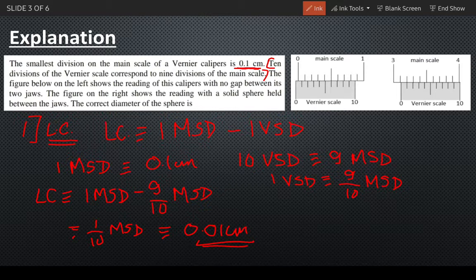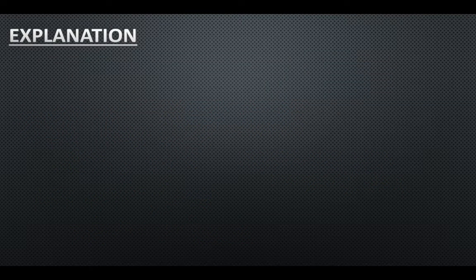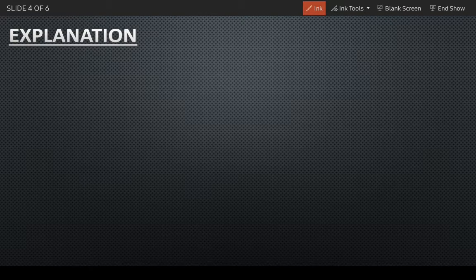Now here we have completed the first part of the question. Always calculate the least count, may it be a screw gauge or a vernier caliper. Now coming to the second part of the answer. In the second part we will calculate the error by the normal method. Don't consider a positive or a negative error.